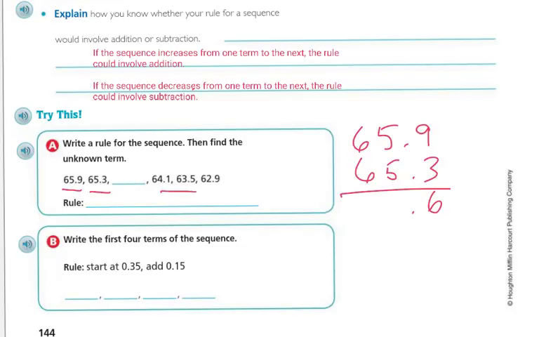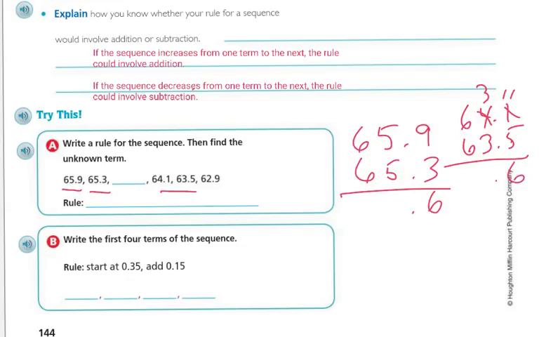So let's see if that works with these. So we have 64.1 and 63.5. Well, I can't take 5 from 1, so I'm going to have to borrow, making this be an 11 and making this one be a 3. So now I have, again, 0.6.